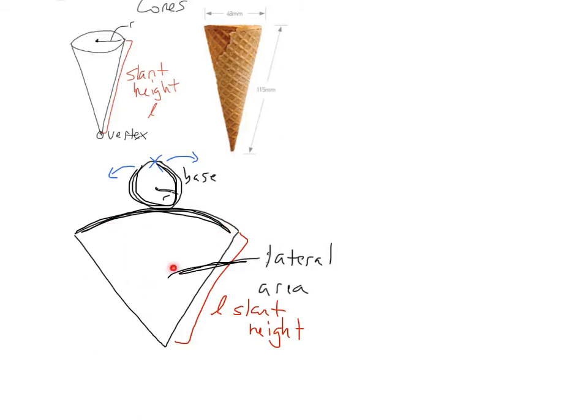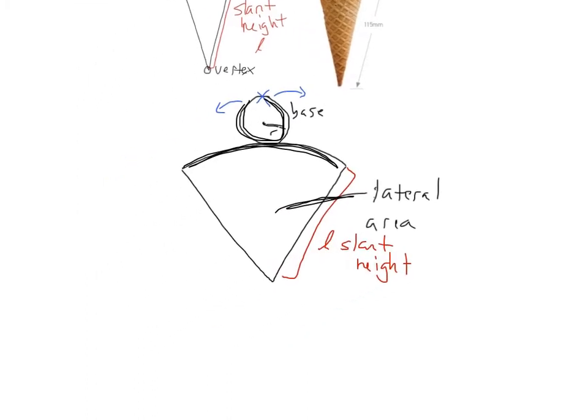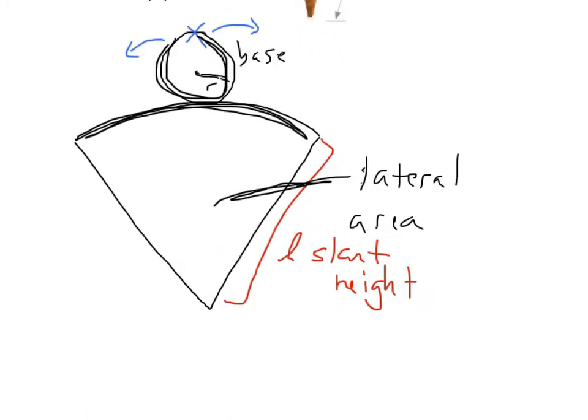The lateral area of a cone is pi times the radius, and that radius comes from up there, times L, and that L comes from the slant height.